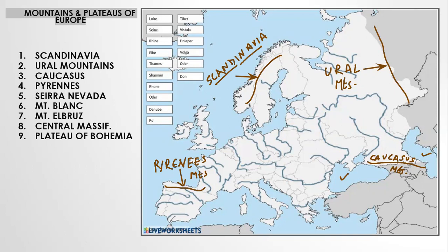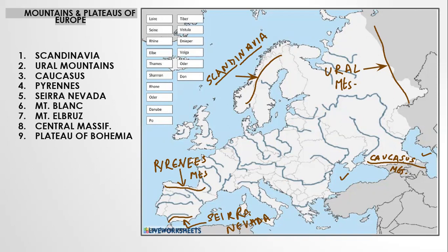This is Sierra Nevada. Then we're going to mark the mountain peaks.